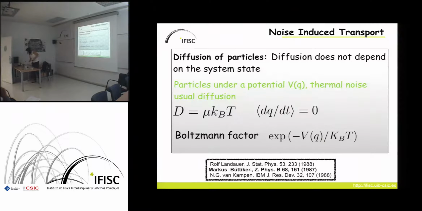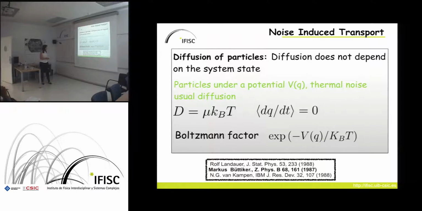The first topic is the diffusion of particles. When you have particles that are diffusing, you cannot detect any current of particles if you are at equilibrium, or if you have just thermal noise. All of you know these things very well, more than me.